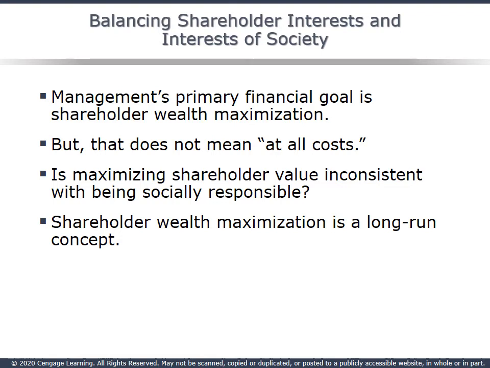So over the long haul, it is best to be socially responsible, to abide by certain codes of conduct and moral behavior, to operate within the guidelines of the law and certain regulations because it will pay off in the end. Stock price will be maximized over the long run.